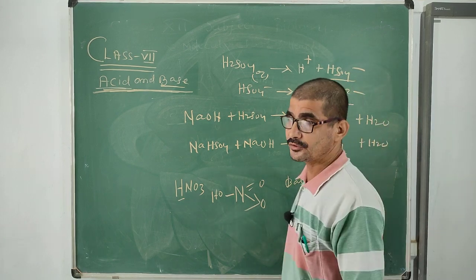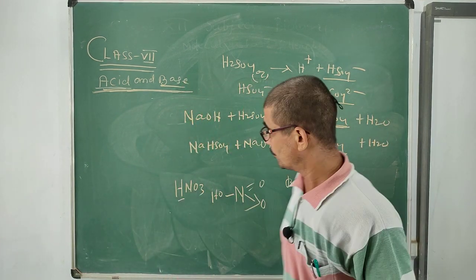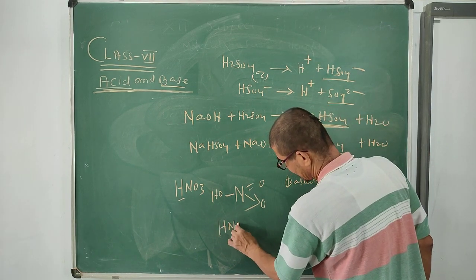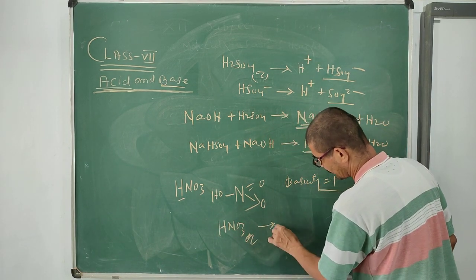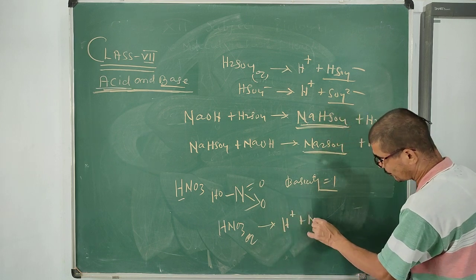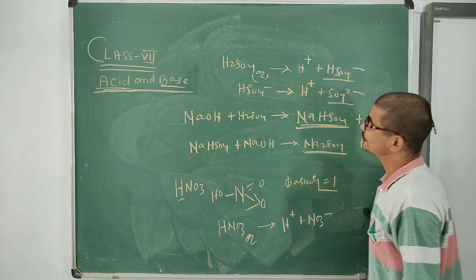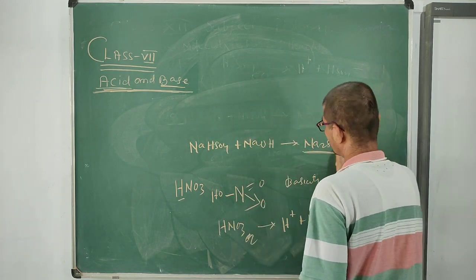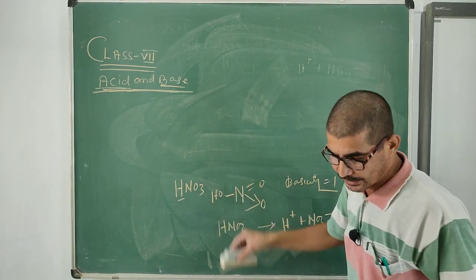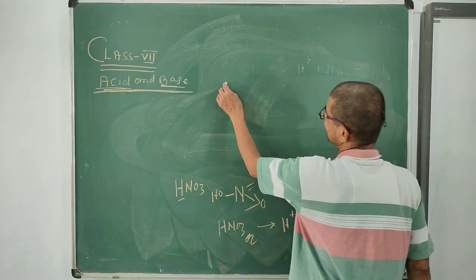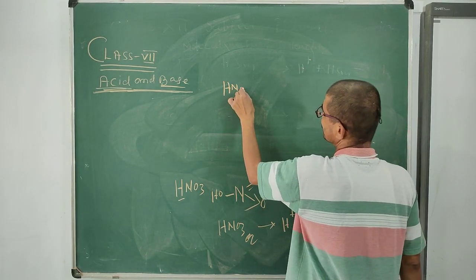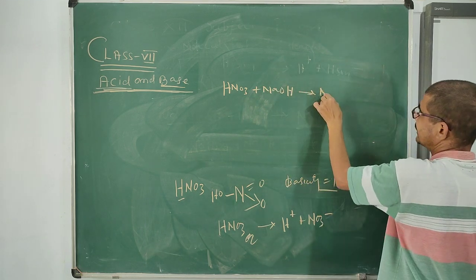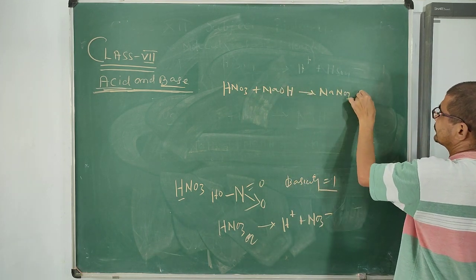So nitric acid is called a monobasic acid. It means when nitric acid gives a hydrogen ion in aqueous solution, it gives one hydrogen and forms the nitrate ion. When nitric acid reacts with a base like sodium hydroxide or potassium hydroxide, it forms one type of salt, that is sodium nitrate. So nitric acid reacts with a base like sodium hydroxide to form sodium nitrate and water.